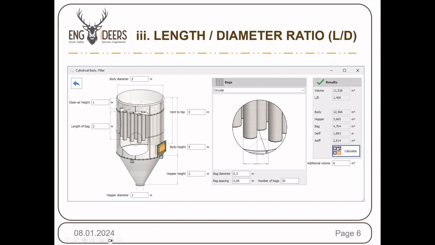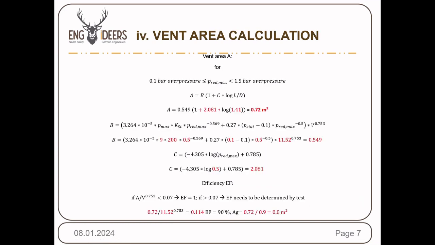Yeah, and these are the equations which I showed before. So we will just use the different equations for the calculation. We have A, B, and C. B and C are part of A, basically.